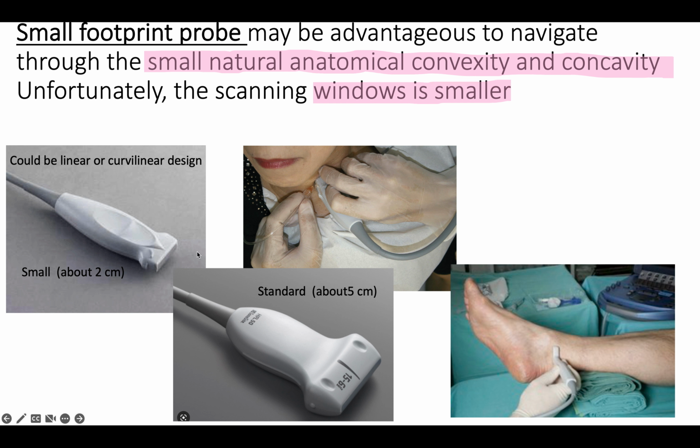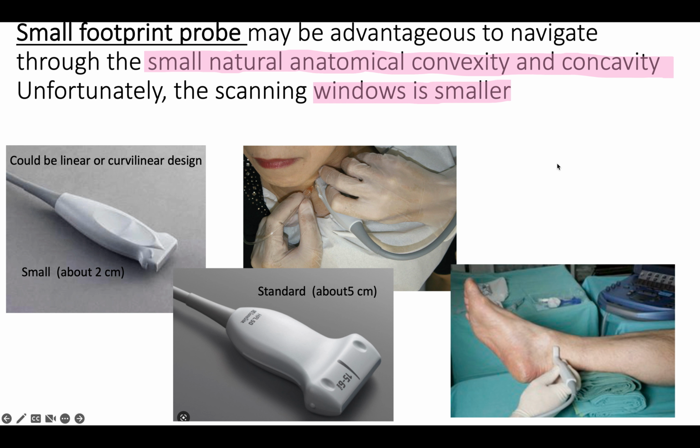We can have linear transducers or curvilinear transducers that will differ in the size of the footprint. So this one, a small footprint transducer, is about 2 centimeters, and this is our standard, at 5 centimeters. And why do we need those?